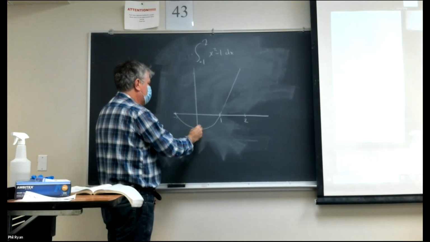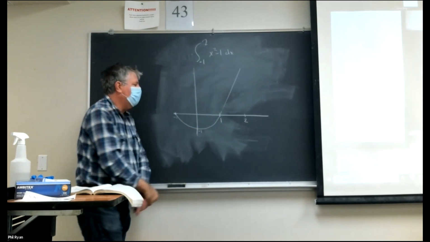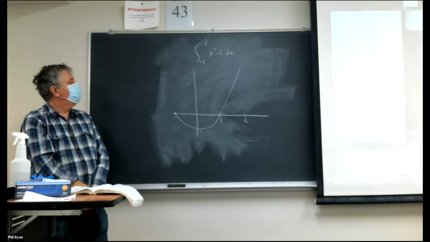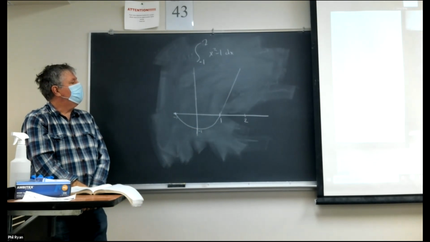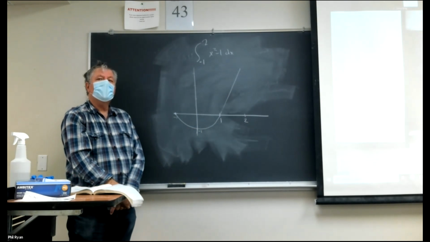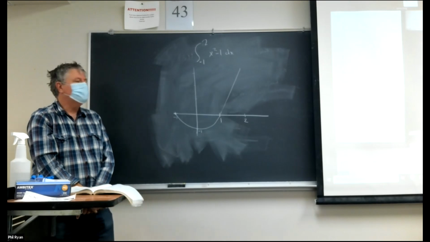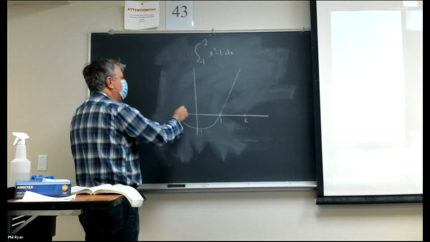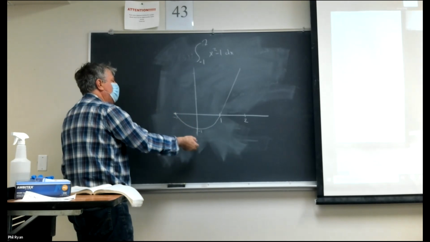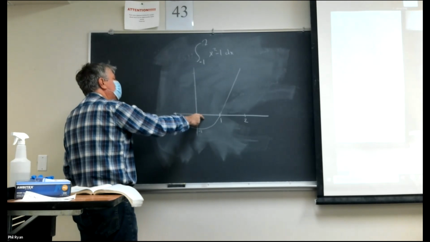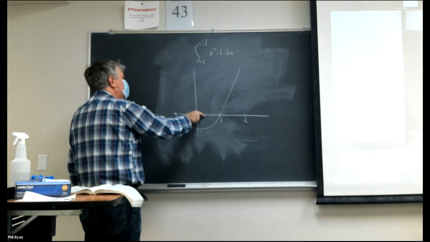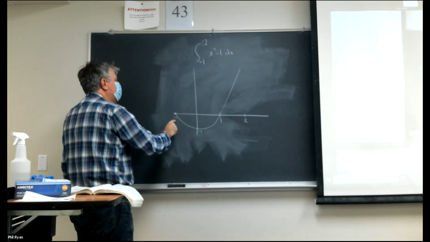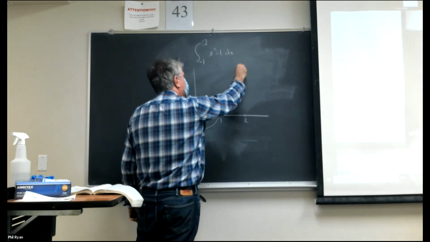And at 0, here is -1. Okay, and so if we were to sketch in what this represents, it'd be the signed area between the function, the x-axis, and x equals -1 and x equals 2.